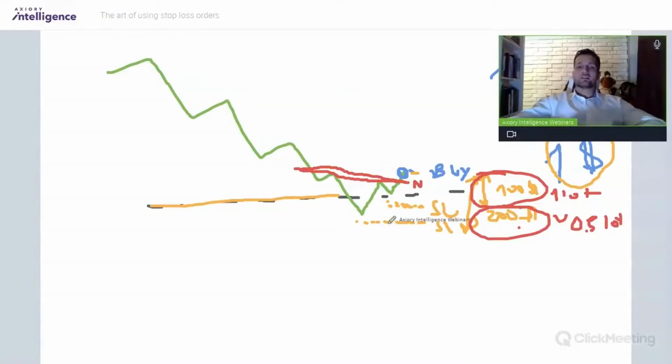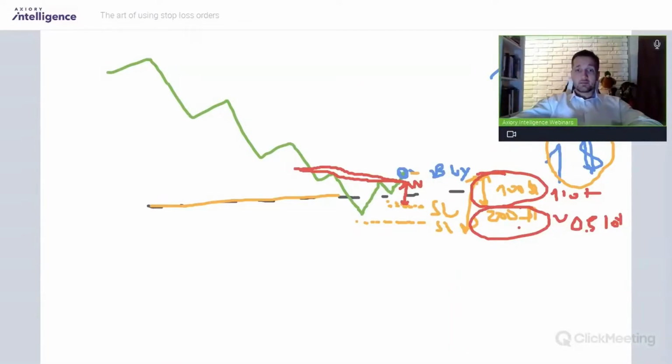Why? Because the stop loss is further away. So you are risking more pips, so your position has to be smaller, because the pip value has to be smaller. Here you have a tight stop loss, so position size can be bigger.